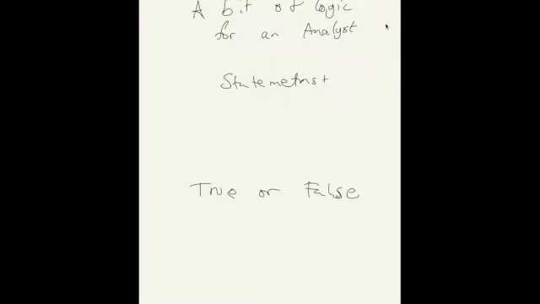Logic consists of statements. And statements for us are things like x is bigger than 2, or I am from Europe. These are claims that are either true or false.